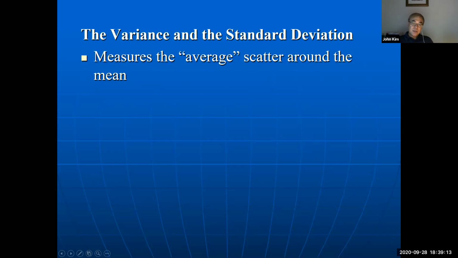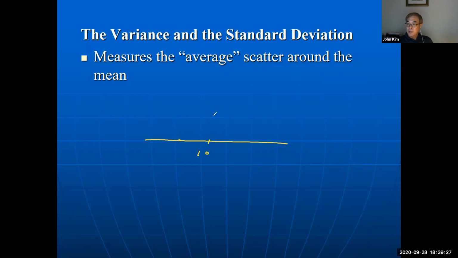From the example, the mean here is 10. The first distribution looks like this, the second looks like this, with values like 5, 2, 15 around the mean.